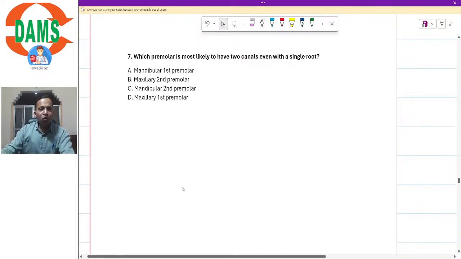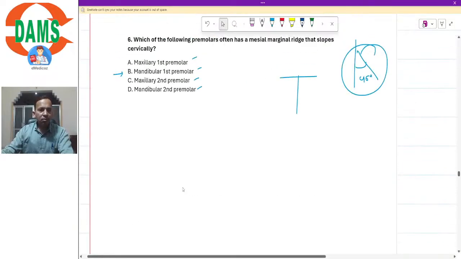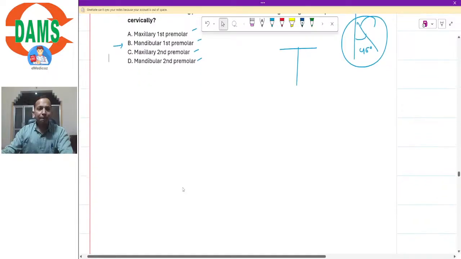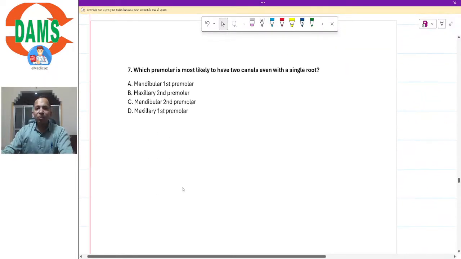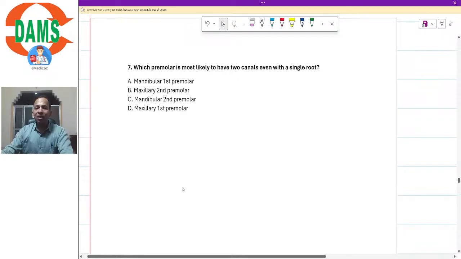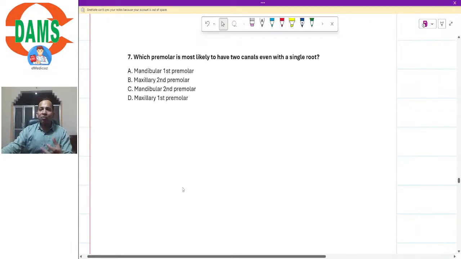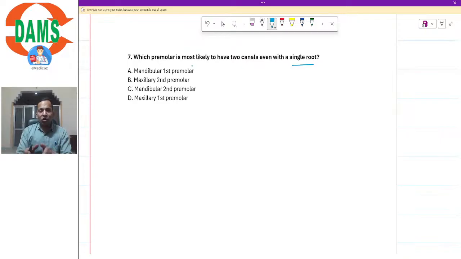So next question, which premolar is most likely to have two canals even with a single root? Now, when they say even with a single root, it does not mean that they are talking about a single rooted premolar or a bifurcated premolar or a two rooted premolar. We need to focus on the wording. So even if the tooth has a single root, the canals are more commonly bifurcated.